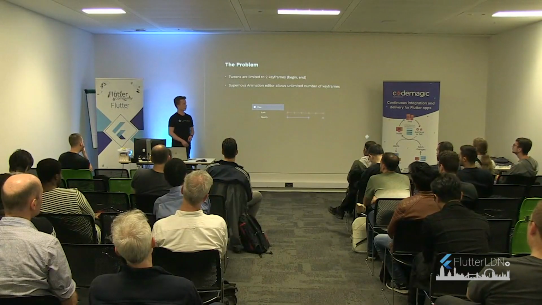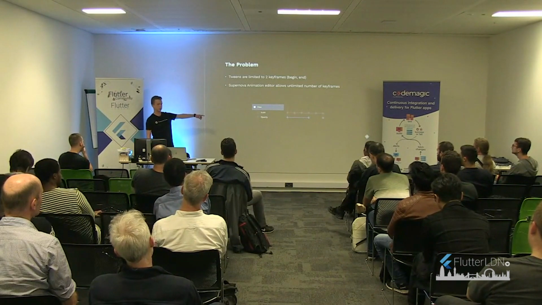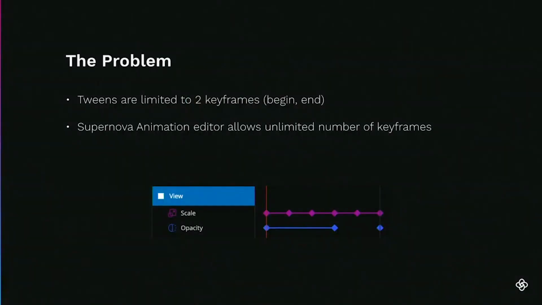Now, the problem for us was that, as you can see down below, this is a screenshot from SuperNova. This is what the animation editor looks like, and as you can see, the small rectangles to the right are the keyframes, and we allow users to define an unlimited number of keyframes, which Flutter didn't support.